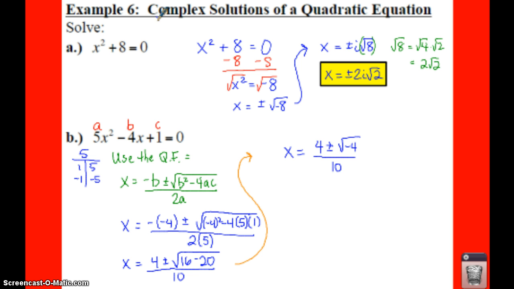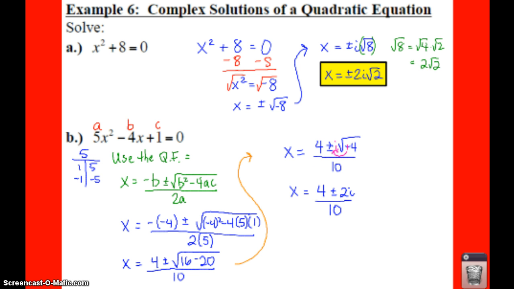Well, the negative is going to come out as an i, and then you're going to have just the square root of 4. The square root of 4 is 2. So we get 4 plus or minus 2i all over 10.